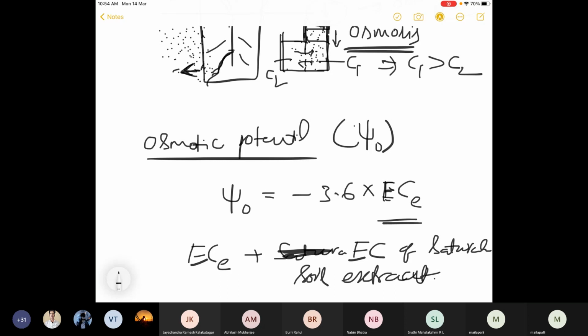Whatever salts are attached to the soil particles will be released into the water. If you filter that water and find its electrical conductivity, that will be ECe. If you have that number, multiply it by 3.6 and you get psi naught. So that's in meters, and ECe will be in decisiemens per meter.